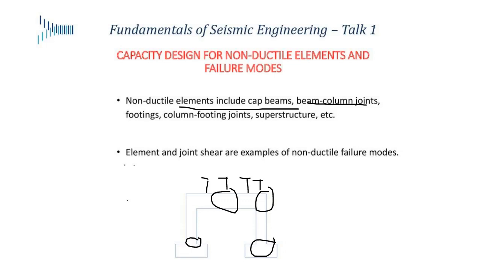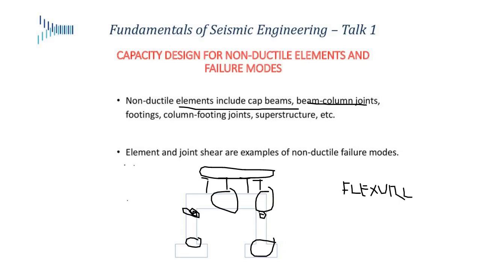Okay, you want to contain that to your columns in this case. Okay, and we only want flexural hinges to happen in this case. So flexure is our friend in this case.